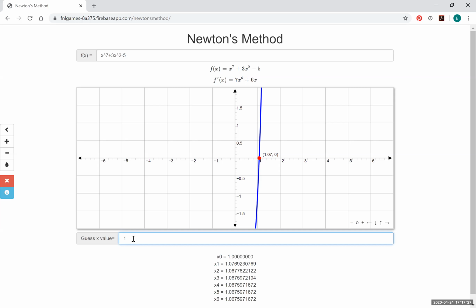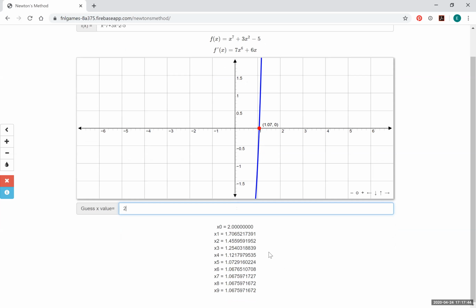Now let's try another x value, like x equals 2, because we see that's ballpark pretty close as well. And turns out x equals 2 will also end up finding that root. It just took a little bit longer here. Notice how here's our x naught equals 2.